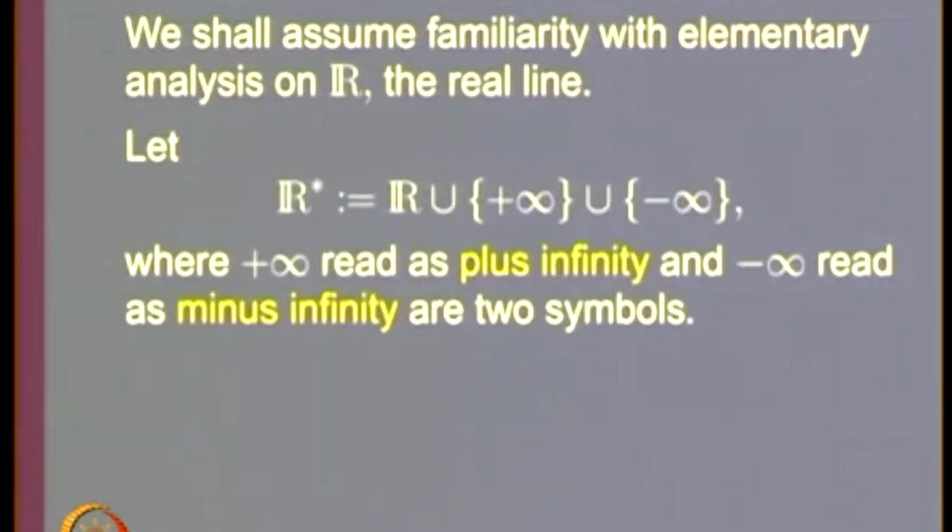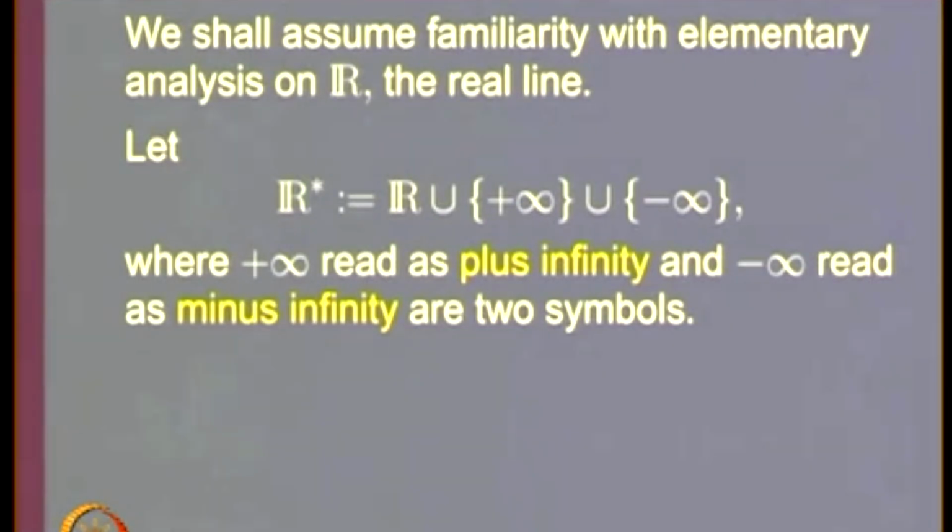So first of all, what is this set of extended real numbers? The set of extended real numbers, denoted by R star, is the set of real numbers to which we adjoin two new symbols, one called plus infinity and the other called minus infinity. Once we adjoin these two new symbols to the set R, we get the extended set denoted by R star.